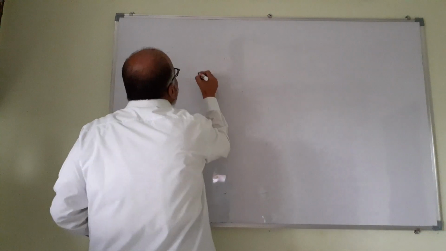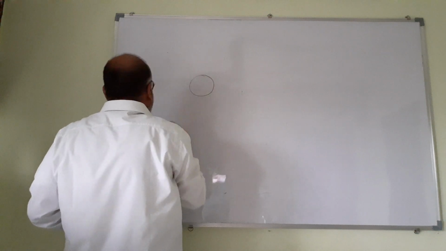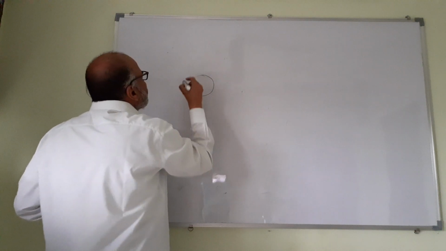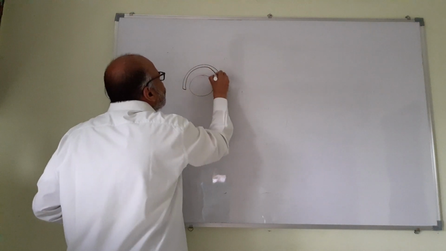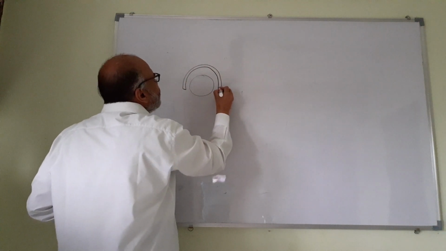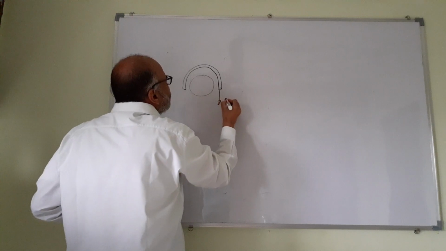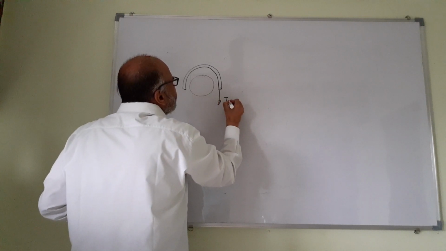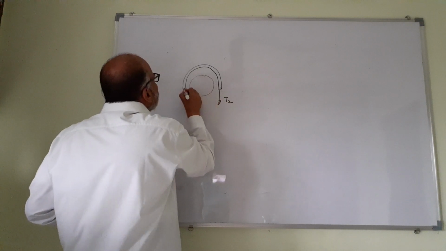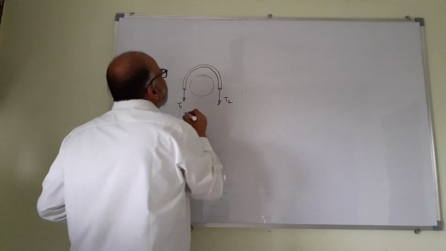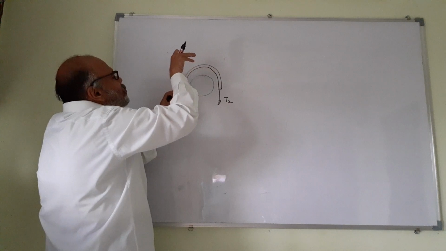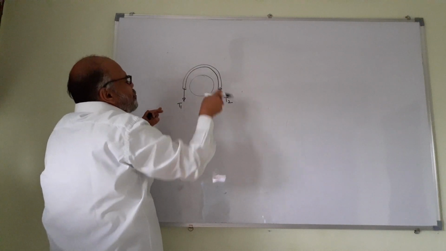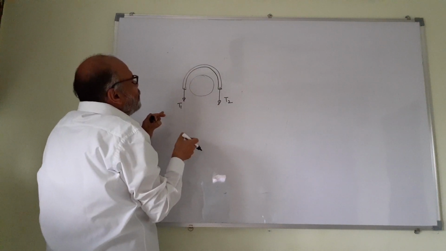We have the string going around the pulley. I have shown the string separately. This is T2, this is T1. Now, the string has a tendency to move in the clockwise direction because we are assuming M2 is greater than M1.